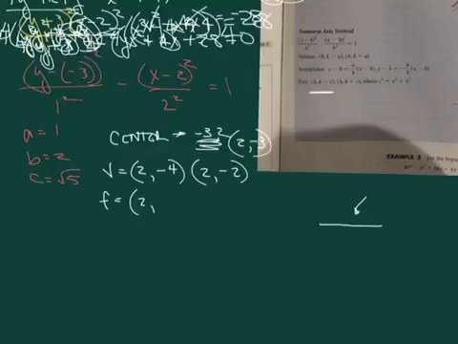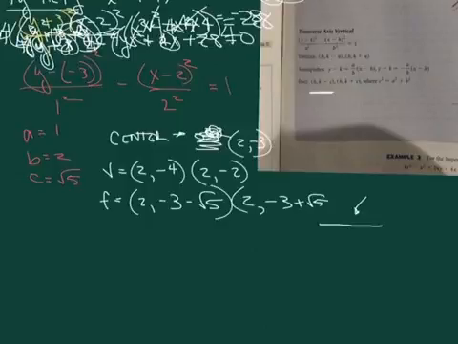Okay, so the foci then, that we're supposed to also find, is H, K minus C. So, K minus C, what is K? K is right there. We had scribbled that out right because we switched it. So K is -3 minus square root of 5. And then the other point is H, K plus square root of 5.